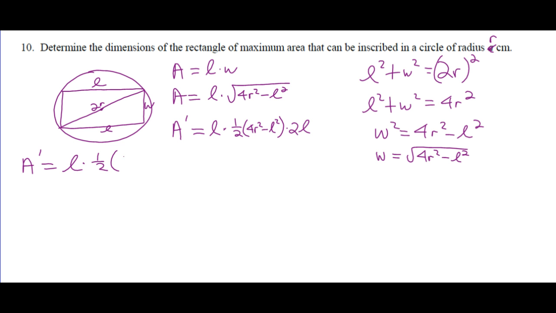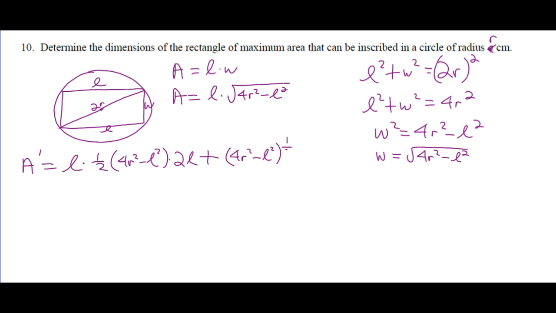L times 1/2 times (4R squared minus L squared) to the power of negative 1/2 times negative 2L, plus just this, (4R squared minus L squared) to the half, times 1. So here we're going to get an L squared, the common factor. Remember R is a constant, so like 4R squared is like 25 or something.